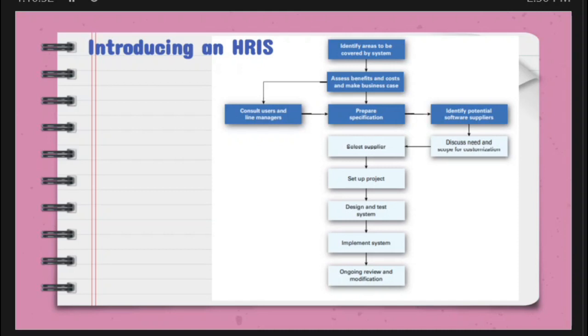The points to consider when introducing an HRIS. Make sure you really know what you need now and what you are likely to need in the near future so that you can give clearer guidelines to the software provider. Involve end users and other stakeholders in the decision making process.